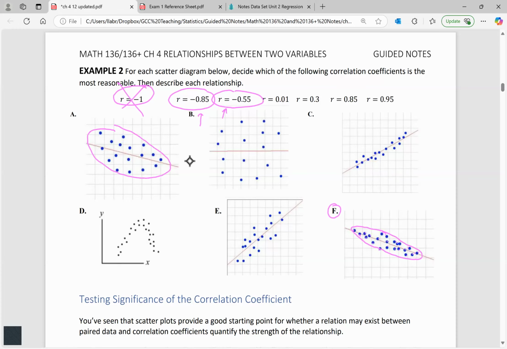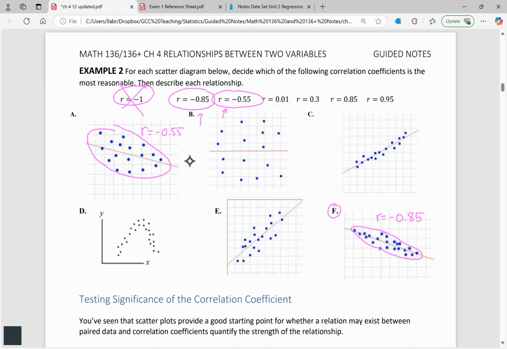So that means that the pattern isn't as strong. So F is stronger, which means that I need to be closer to -1. So the most appropriate value for R for F is negative 0.85. And the best or the only response really for A is therefore a correlation coefficient of negative 0.5.